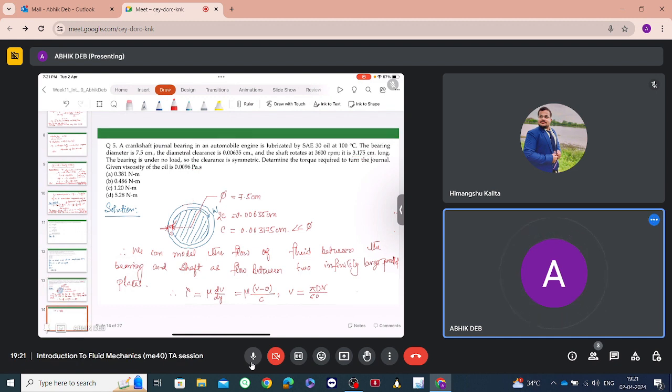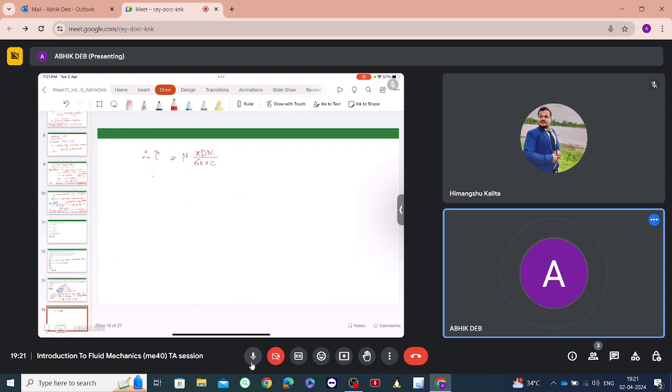So the force due to shear stress is equal to tau into area, that is tau into pi into diameter d into L. What is tau?